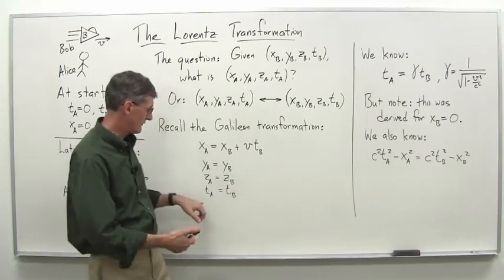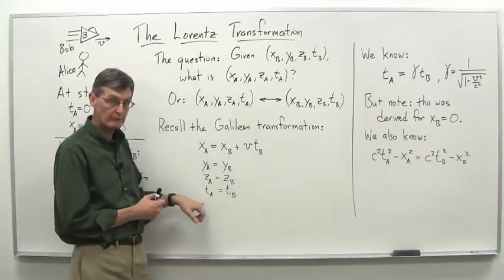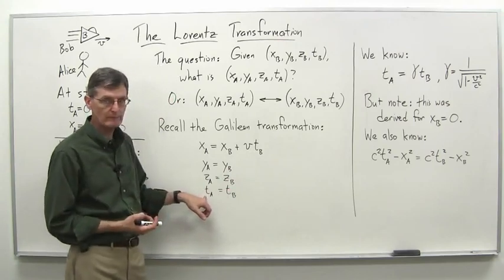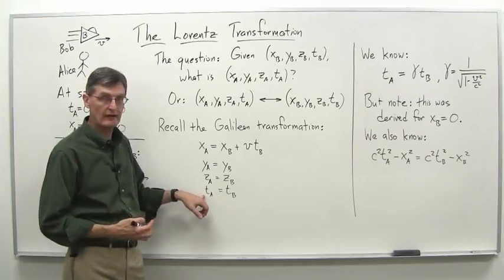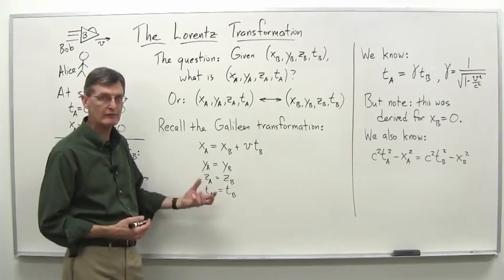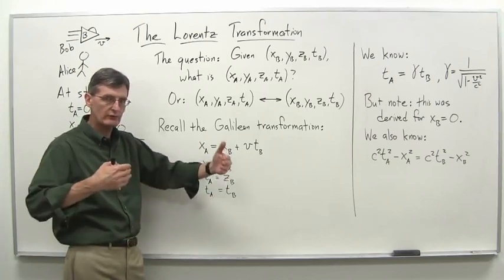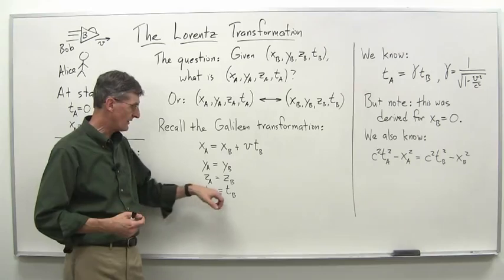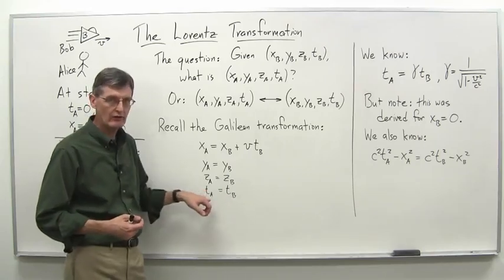So we know that the time relationship here is not true for the special theory of relativity, certainly at higher velocities, but in principle for any velocity between frames of reference, there is an effect such that t_A and t_B are not equal.